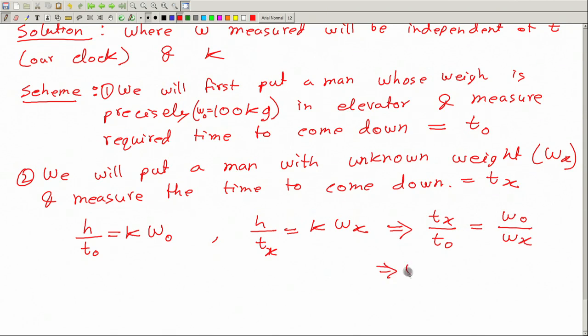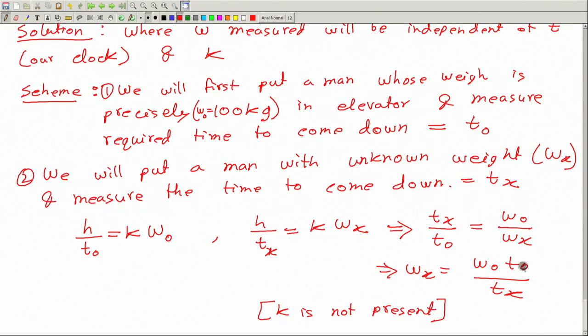From this you can write wx, the unknown weight, is equal to w0 t0 by tx. And you see the factor k is gone, k is not present. So we do not need to know the value of k at all.